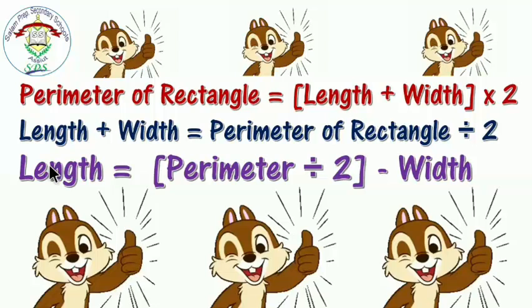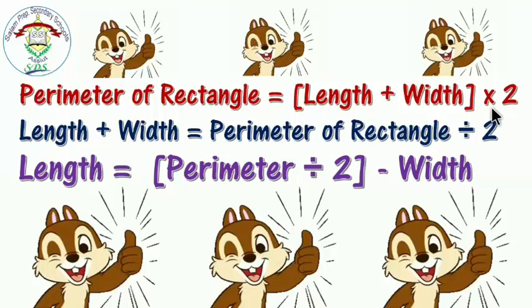So the length equals the perimeter of the rectangle divided by 2. We will move plus width to the second scale with its inverse, which will be minus width. Please take care, in any equation, to move the sign from one scale to another, please inverse the sign. If the sign is plus, it goes to the second scale as minus.